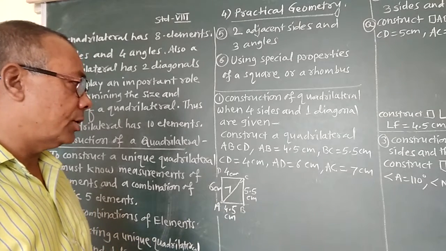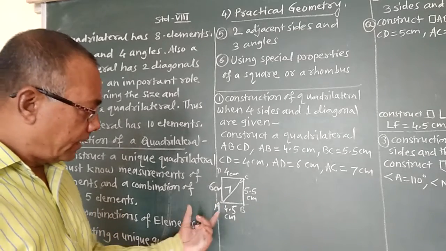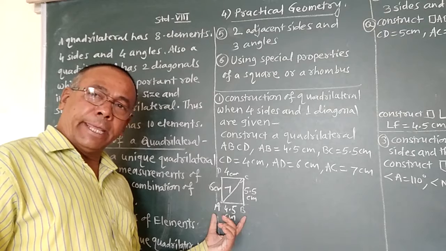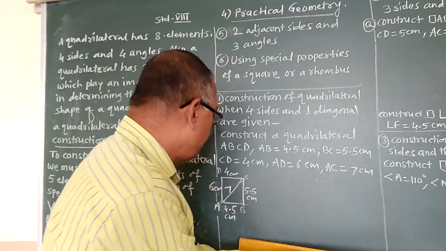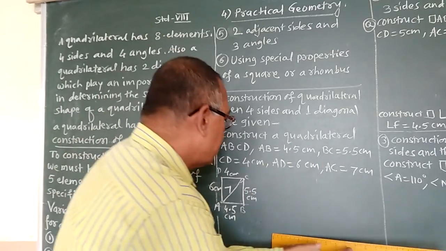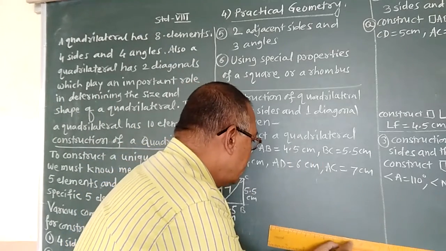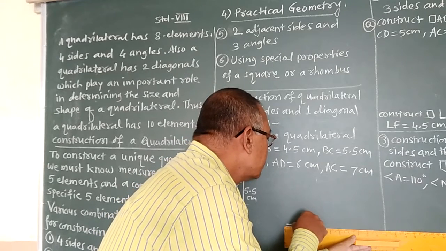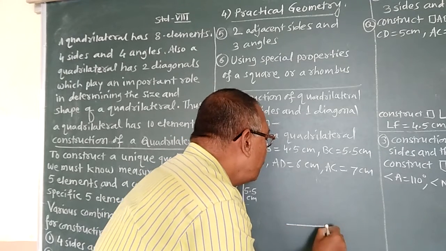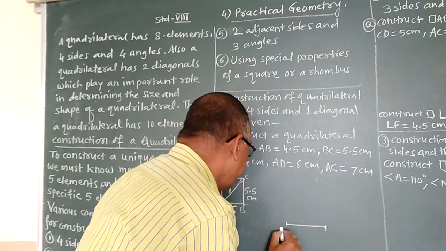Now for the construction of the quadrilateral, AB can be taken as a base, and here I have drawn AB of 4.5 centimeter. So I will draw the segment AB of 4.5 centimeter.